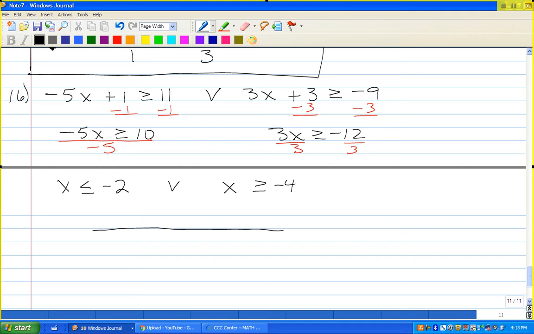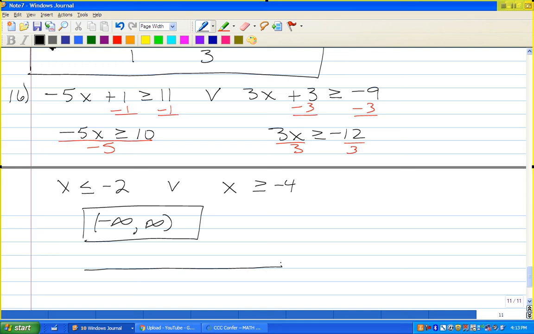So x here is greater than -4, or it's less than -2, so that's everything. So x here is less than -2, but it could also be greater than -4.